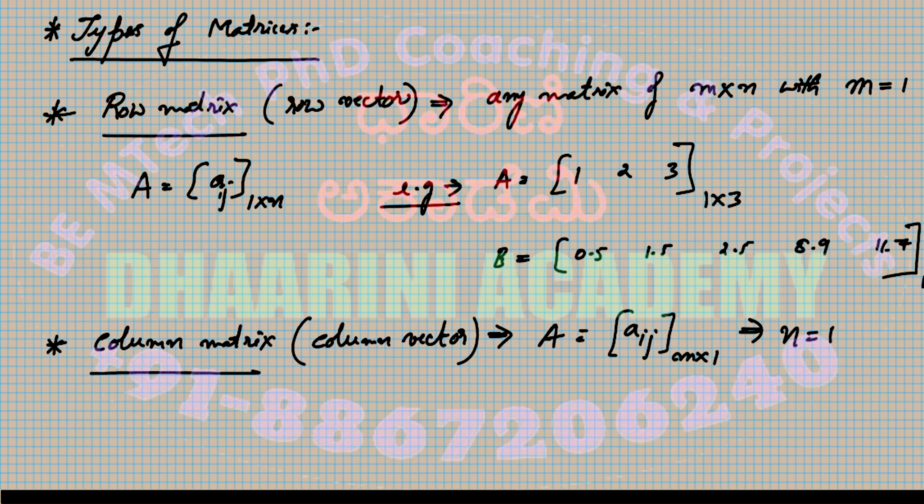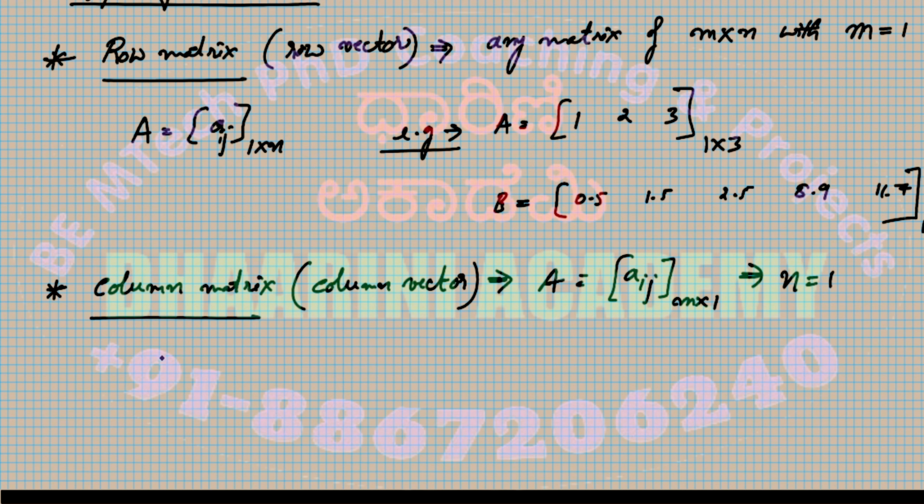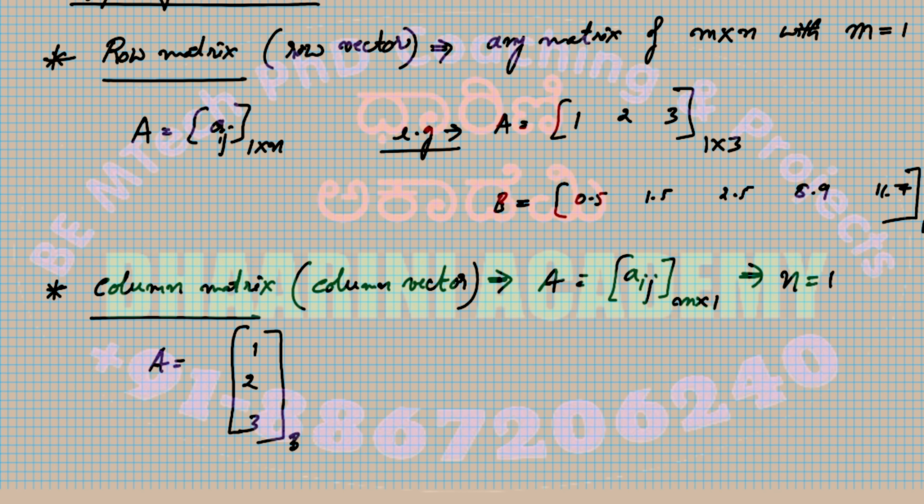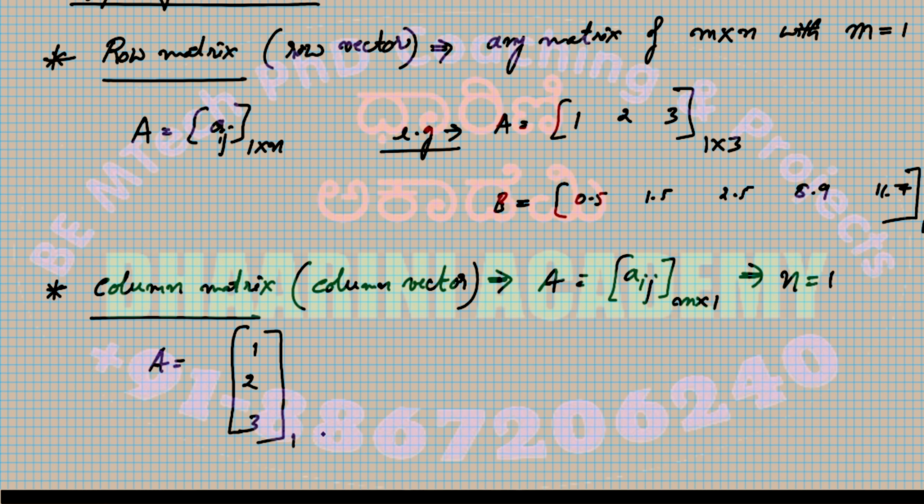If you try to write an example, A is equal to 1, 2, 3. Now we see 3 rows, but the number of columns is still 1. This is 3 rows, that's why the number of rows comes first, that is equal to 3. Number of columns equal to 1.